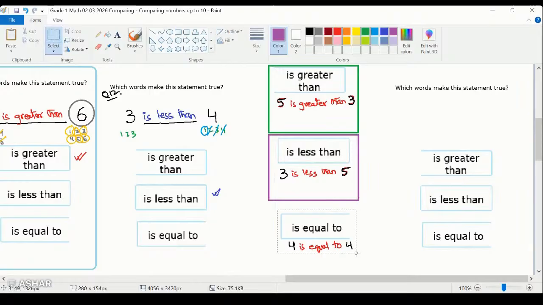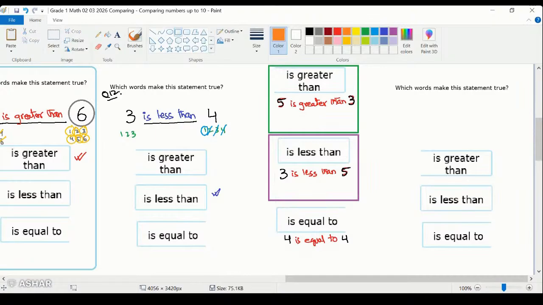We have a sign for equal. Agreed? We had a sign for equal. When we said 4, 4 and 4 were compared, right? We can use a sign over here. We can say they both were equal. Agreed? 4 and 4 were equal.